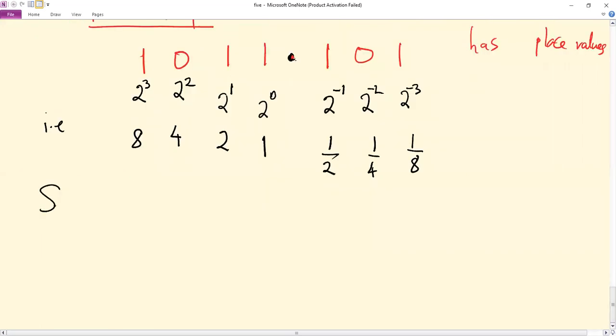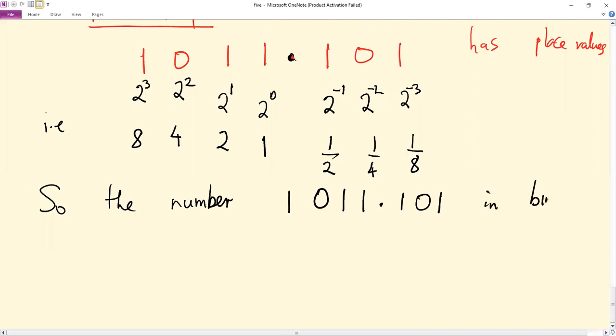So the number 1011.101 in binary system is equal to, you usually take each digit multiplied by its place value.